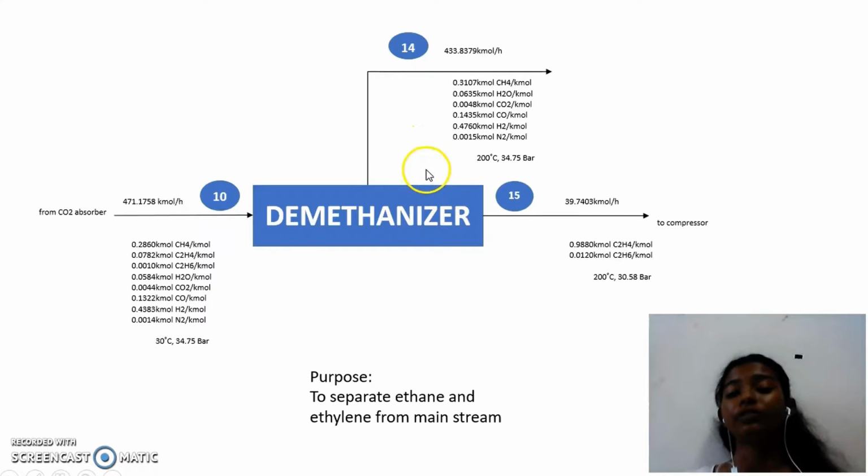And for the outlet streams, going out as vapor phase and liquid phase, the temperature is 200 degrees Celsius and the pressure is 34.75 bar.